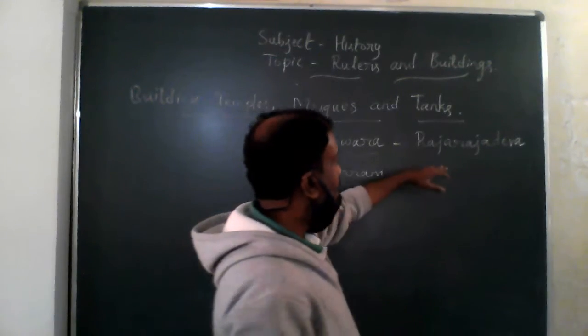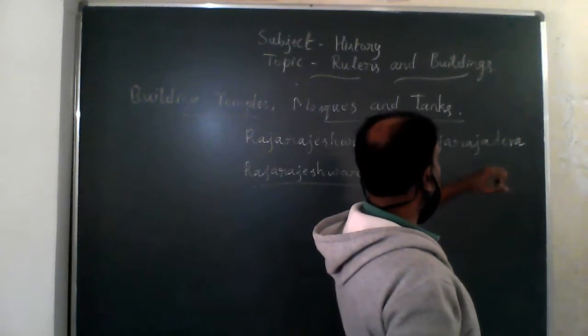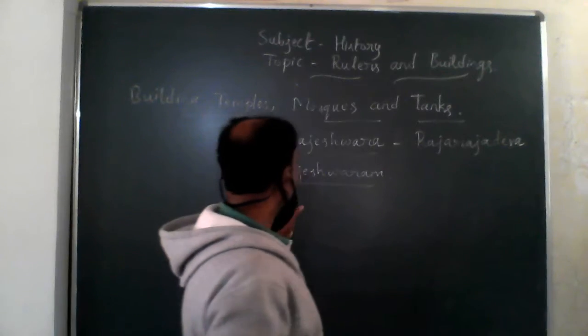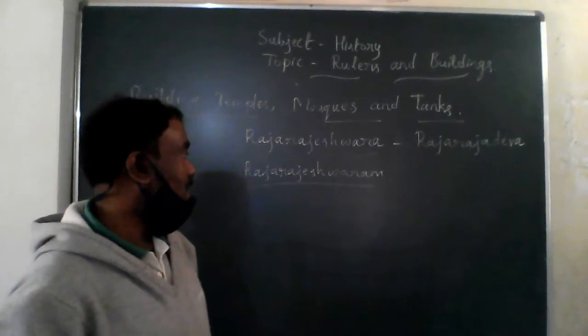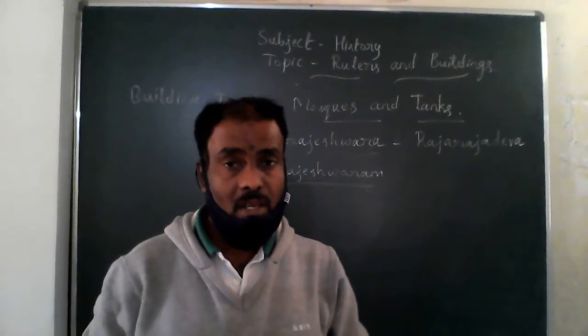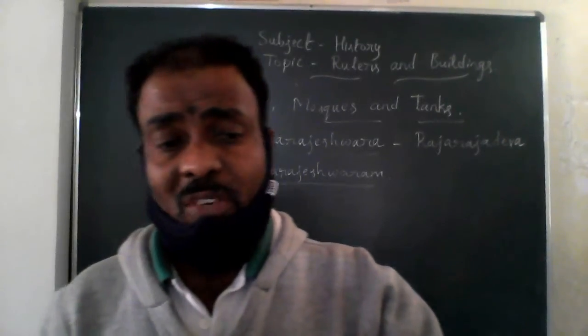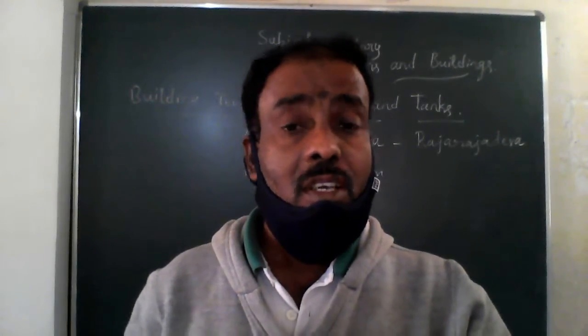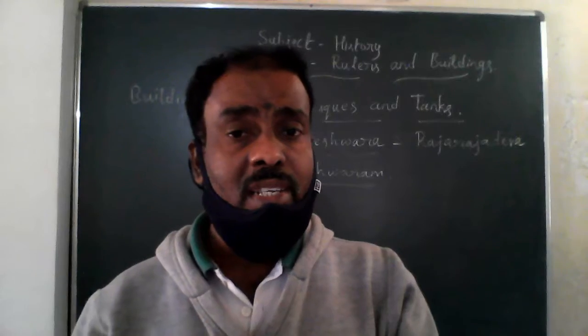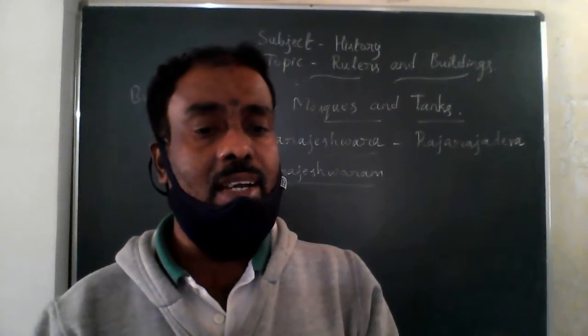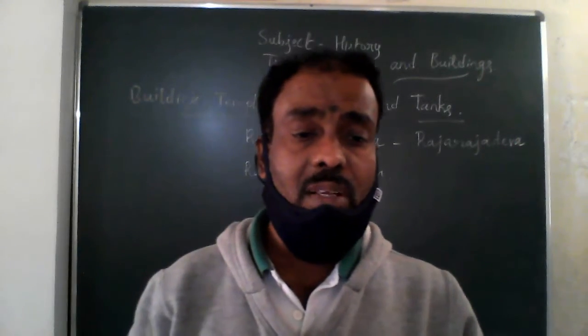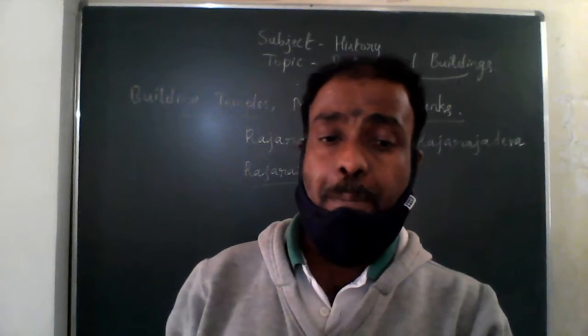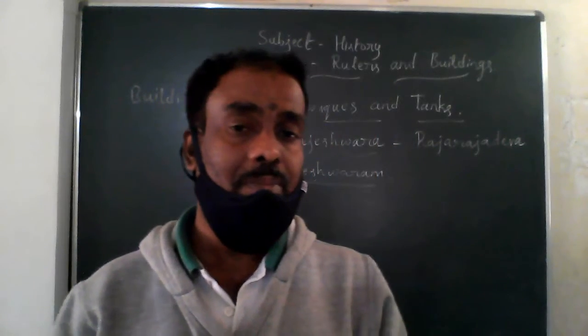The ruler's name was Rajarajadeva and the god's name is Rajarajeshwara. By doing this, the rulers wanted to appear like a god.